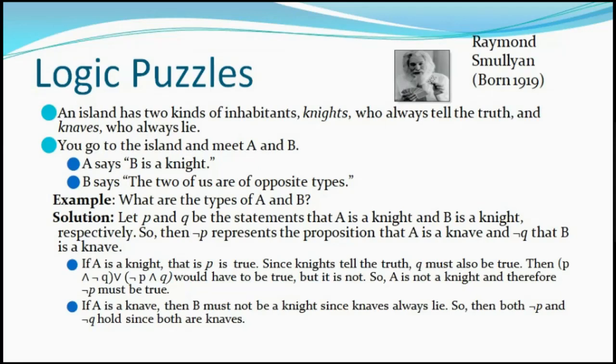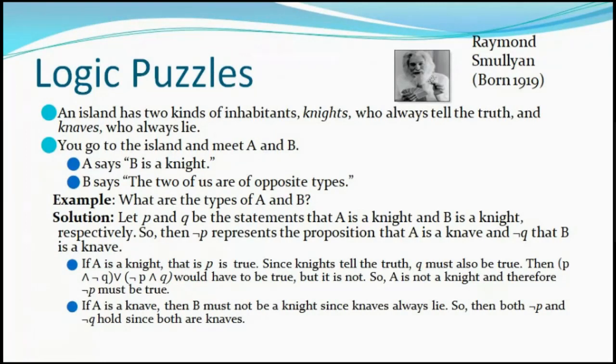It depends upon the logic that you apply. We make the proposition that this person A belongs to knight, or this person A belongs to knave, and at the same time B belongs to knight or B belongs to knave. So the example is, what are the types of A and B?